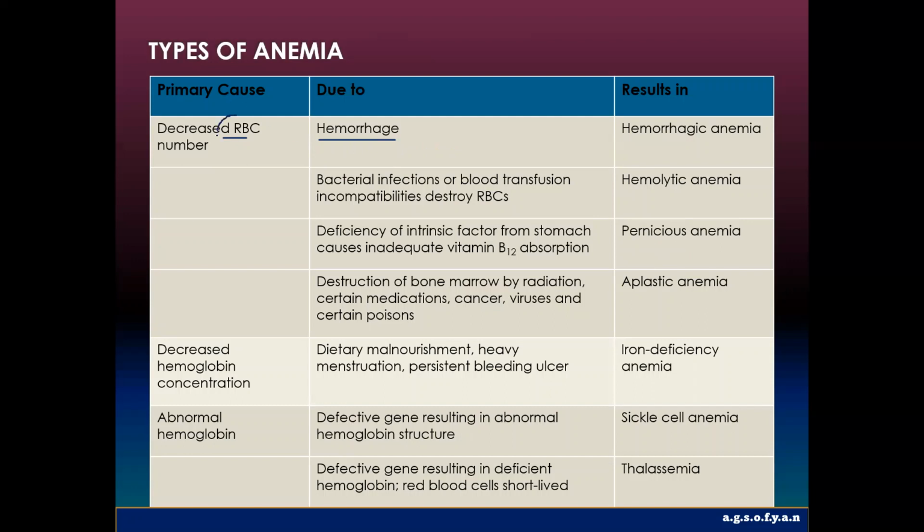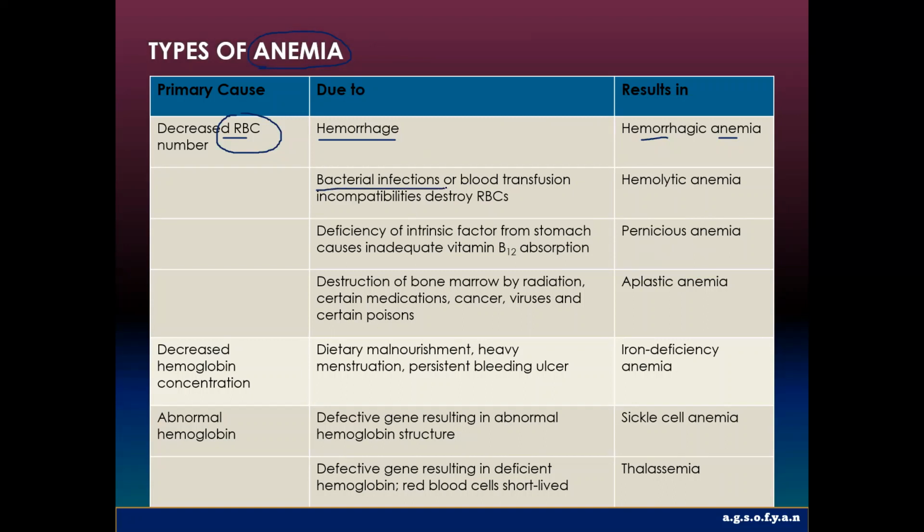Of course it will decrease the number of red blood cells, and at the end it will cause this anemia. So hemorrhagic anemia, accident. Hemorrhagic anemia can be caused by, for example, viral infections. Viral infection actually can cause this hemorrhagic anemia, loss of blood from our body.